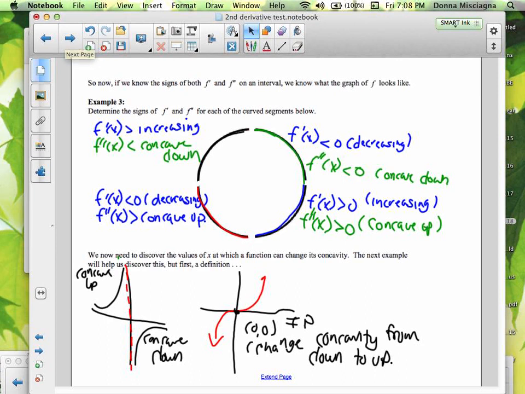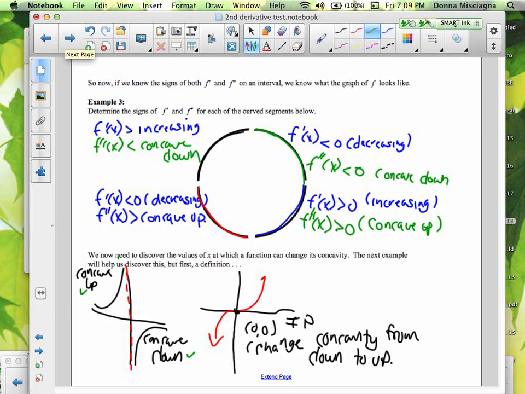So here I have some examples of those same segments. If you're looking left to right here, I'll put a little X where I'm talking. Over here, a little check mark: we're concave up, we're increasing. That matches the blue section of that little section graph there. And over here, where we're concave down and increasing, that matches the black section.